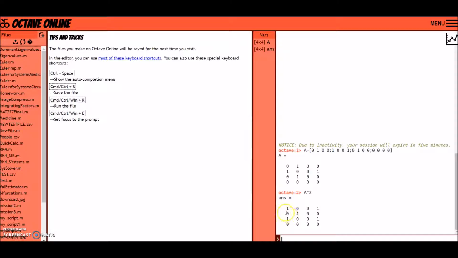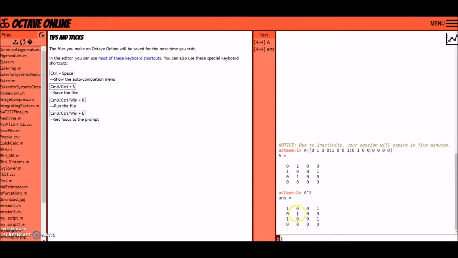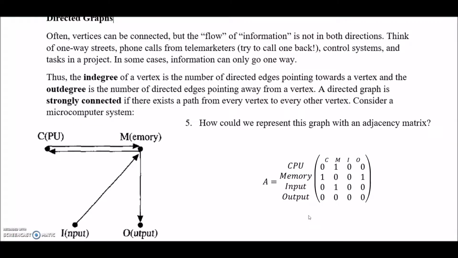Also, this 1 here now represents the memory sending information to the memory. Well, that's interesting. So that means there's one path of length 2 to get information from the memory back to the memory. The way that can happen is if information goes to the CPU, that's a path of length 1, but then from the CPU back to the memory, that's a path of length 2. So I see that the memory can communicate back to the memory via the CPU.